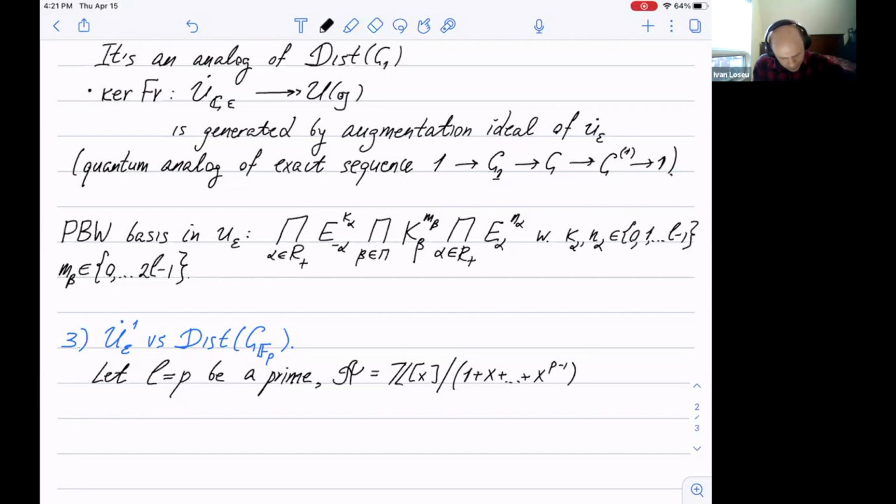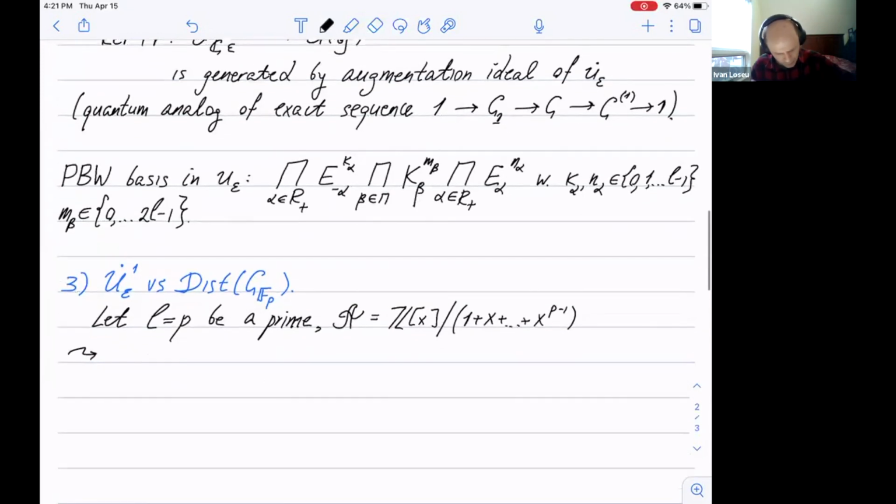And then I can define this algebra over the ring as before. So nothing changes, but I need to consider all divided powers, as I've mentioned. And that's the algebra that I want to compare to the distribution algebra. For this, let's look at the two specializations of this ring here. So what's the fraction field?